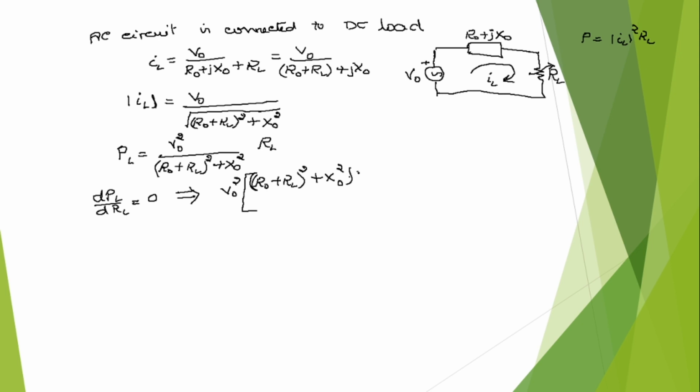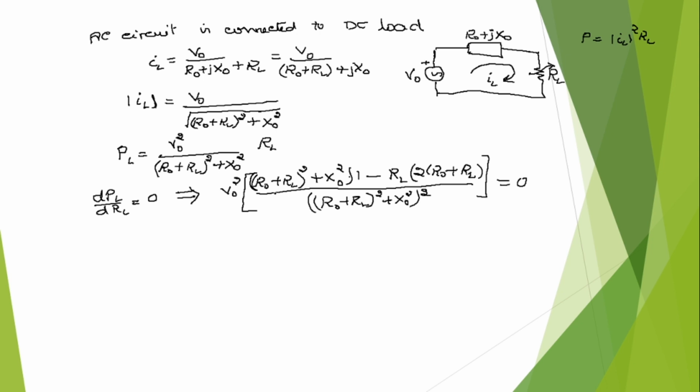Differentiation of RL with respect to RL is 1, minus U dV into, what is the differentiation of this? Sum of the differentiations. So 2 into R naught plus RL. X naught differentiation with respect to RL is 0. So this much whole divided by R naught plus RL whole square plus X naught square whole square, V square equal to 0.